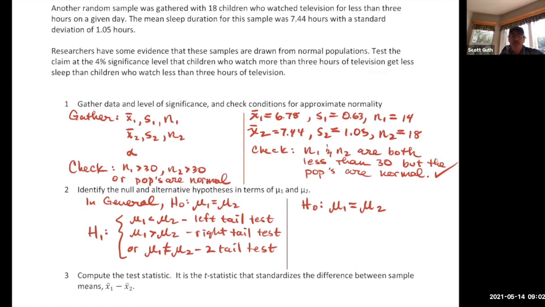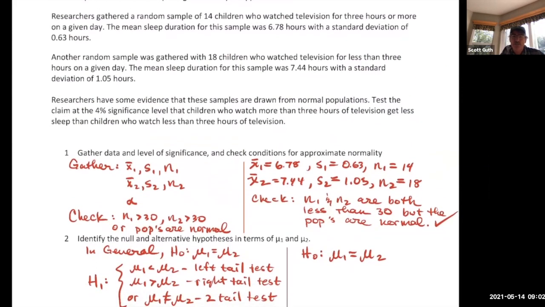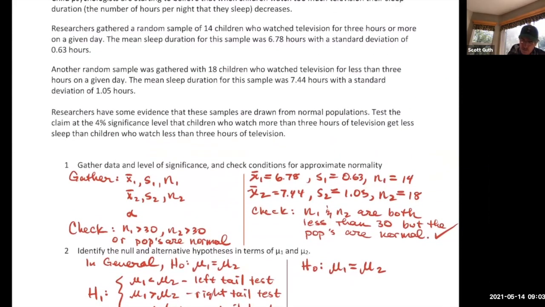And of course, we have different amounts in our sample data, 6.78 hours versus 7.44, but we're just saying that that difference is not statistically significant. So you would not be able to reject the claim that the population means are equal.